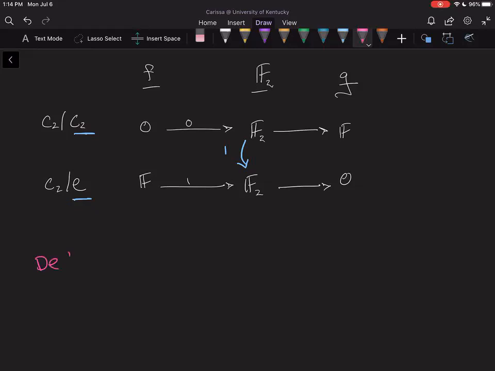Now earlier I wrote this H underline M. Oh, and a Mackey functor was always denoted by the letter with a line underneath it.